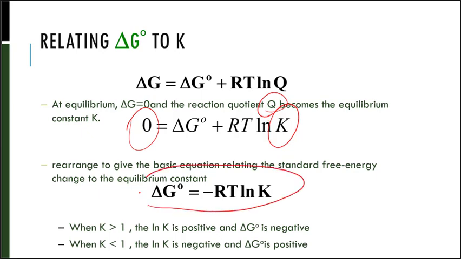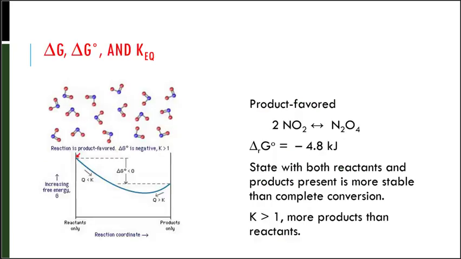We rearrange this equation to get this, and we said in the last section, when K is greater than 1, the natural log of K is positive, and delta G naught is negative, so it's spontaneous. When K is less than 1, the natural log of K is negative, and delta G is positive. If I looked at thermodynamic data and calculated delta G for this reaction, I would get negative 4.8 kilojoules.